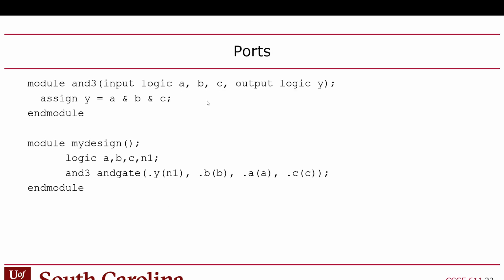Okay, so now the other thing that's confusing is this notion of flattening a design. When you have a language with modules, you're creating a hierarchy of design, and you're creating abstraction. You're abstracting details in modules that are used within other modules. However, when you synthesize it, everything gets flattened.